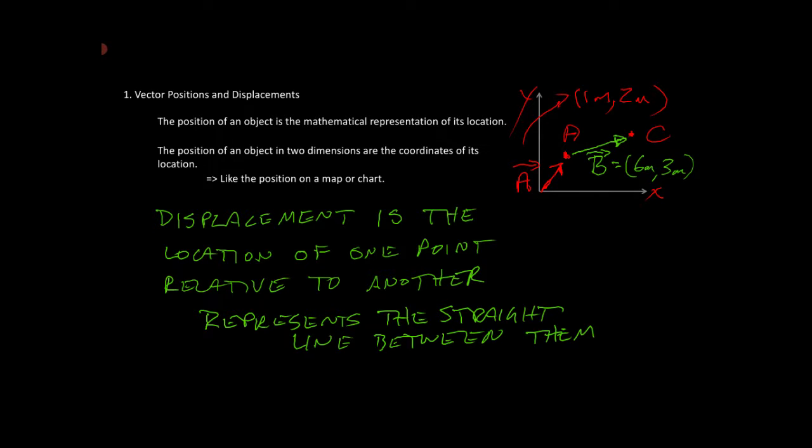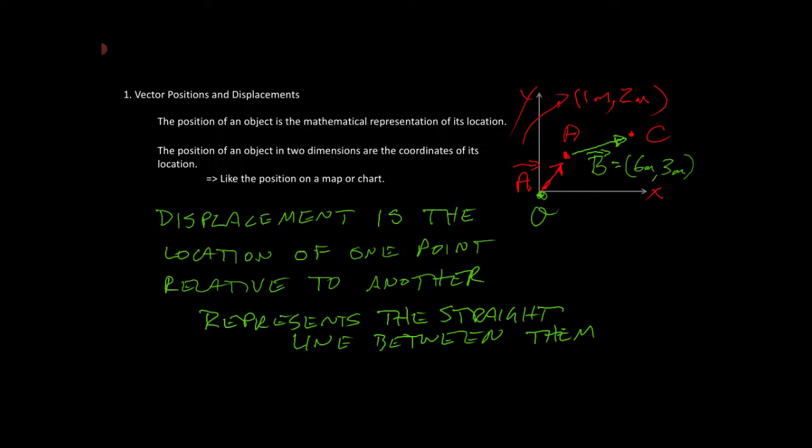So the displacement is similar to the position, only the displacement can be in an arbitrary position. You can say my displacement starts at A and goes to C, whereas all positions start here at the origin at 0, 0. So all positions are like displacements from the origin, from the place we choose to measure from.